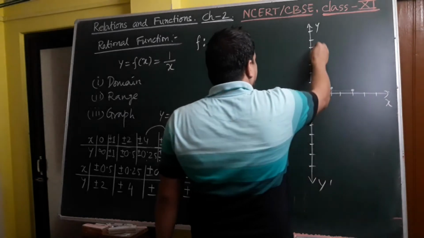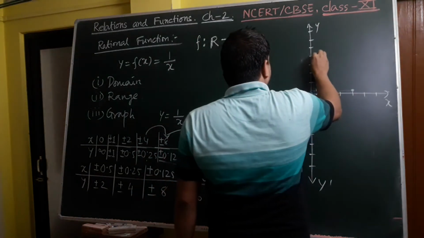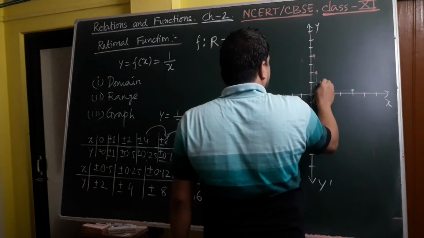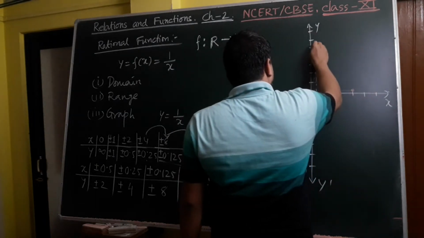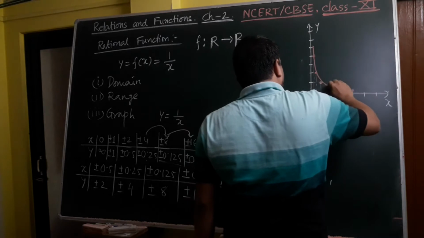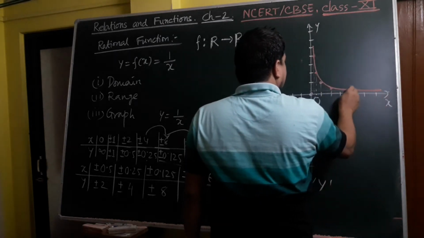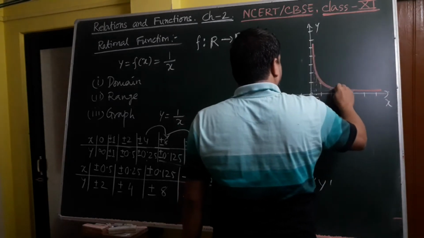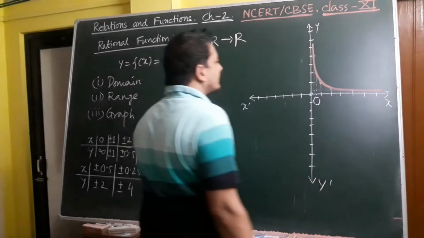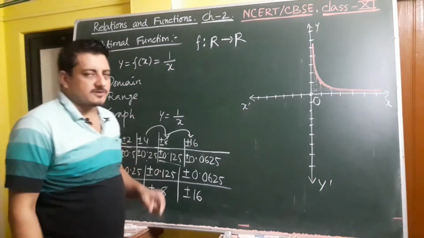So if I actually connect all these points, I can take more number of points, and it will be somewhat like this. So this curve in pink or red color will be the nature of the graph. This is only for the positive values of x.